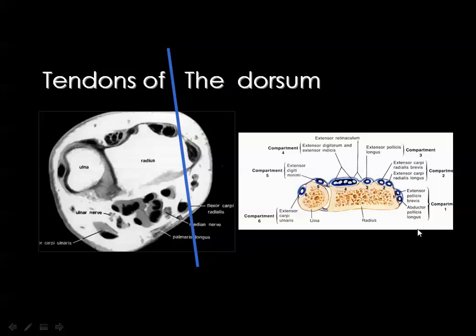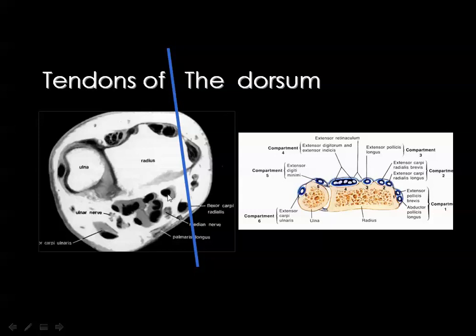Okay, if you remember the flexor tendons: flexor carpi ulnaris, flexor carpi radialis, flexor digitorum, flexor pollicis. Then on the ulnar side, one by one: flexor carpi ulnaris, extensor carpi ulnaris, flexor digitorum, extensor digitorum.